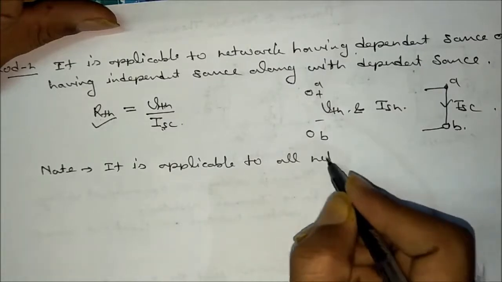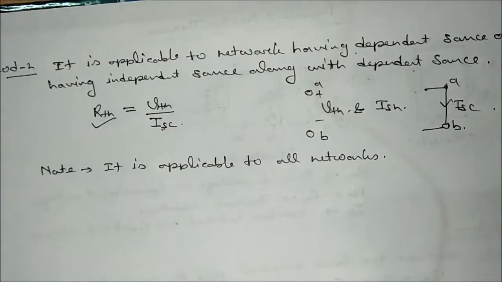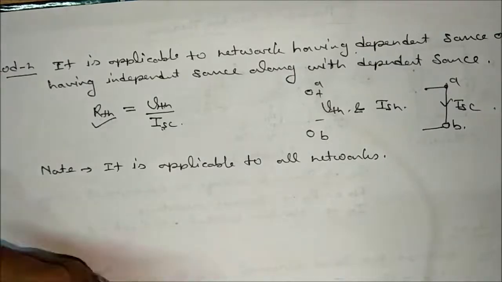That means if it is a purely resistive network having independent sources, or a purely resistive network only, or a purely resistive network with independent and dependent sources, anywhere we can apply this method too. But whenever you see a dependent source in the network and you have to calculate the Rth value, then apply this method number 2.